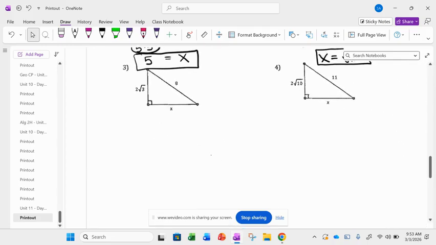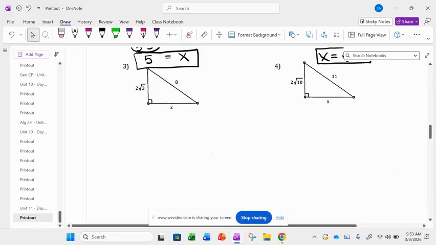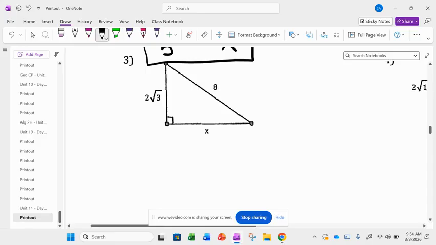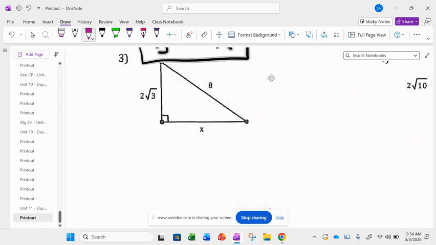Before we do 3 or 4, I want you guys to try one on, well, actually, let's just do 3 and 4. All right, so number 3, do we all agree that C is 8?